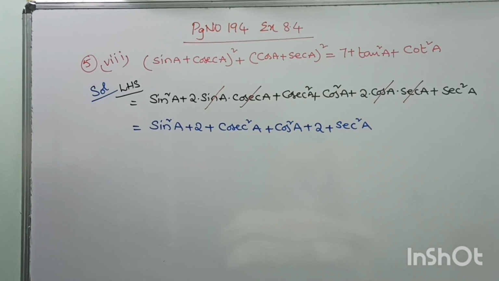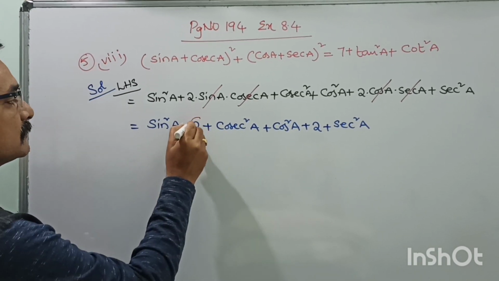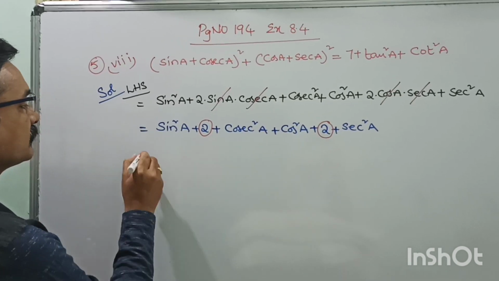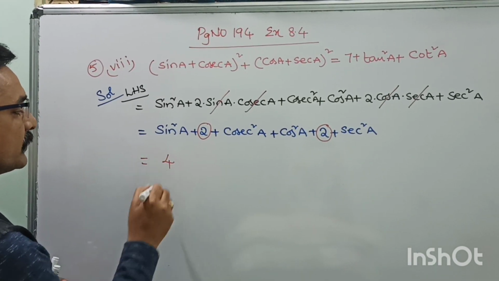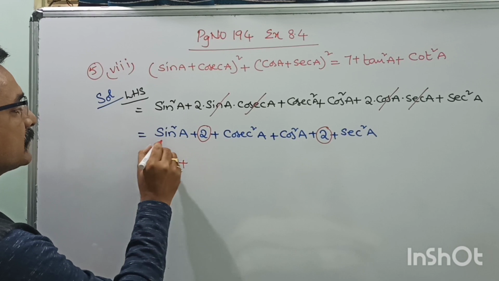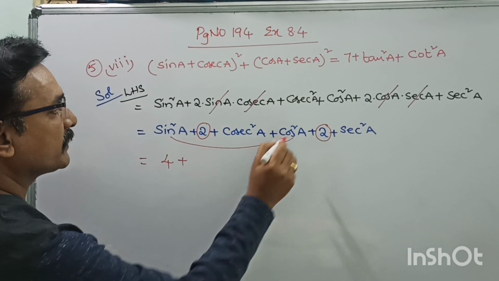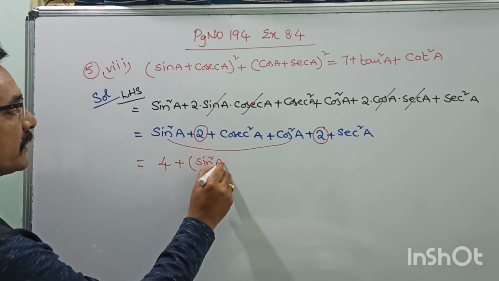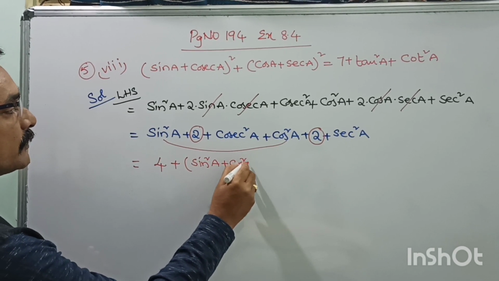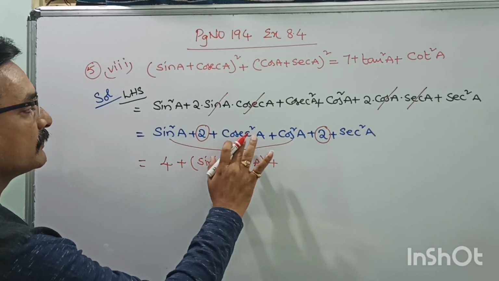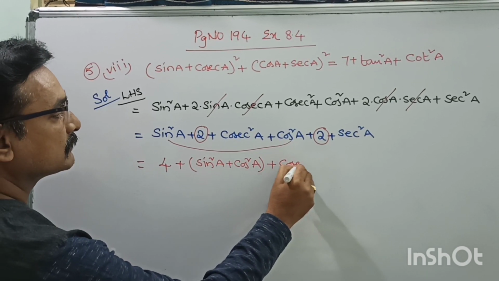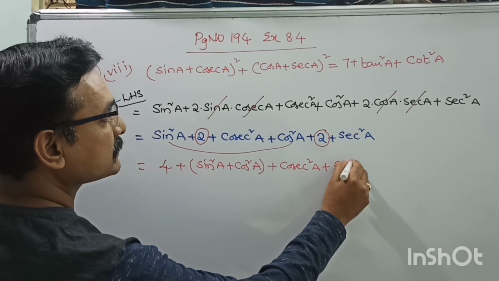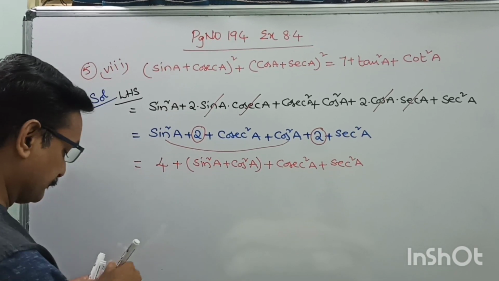First, the numericals we have here, 2 and 2, 2 plus 2, we get 4. Then sin square a plus cos square a as one group, and the leftover cosecant square a plus secant square a.